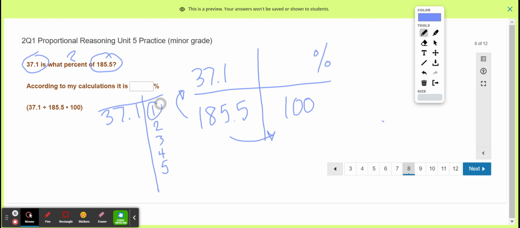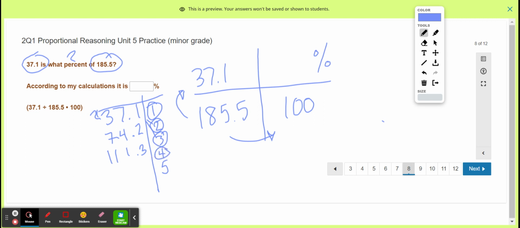So we have 1 times 37.1, 2 times 37.1. So we got 2 times 1 is 2, 2 times 7 is 14, carry the 1, and then 2 times 3 is 6, plus 1 is 7. So we can multiply by 3. 3 times 1 is 3. 3 times 7 is 21, carry the 2. 3 times 3 is 9, plus 2 is 11.